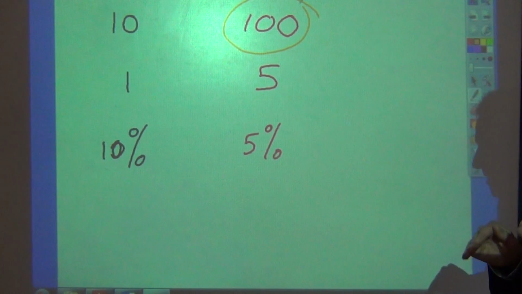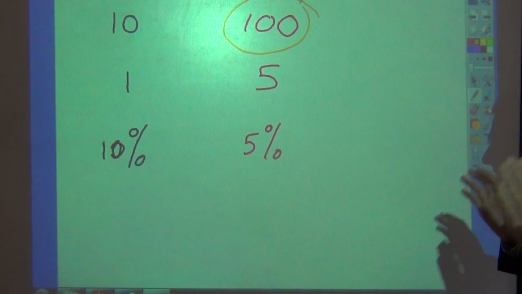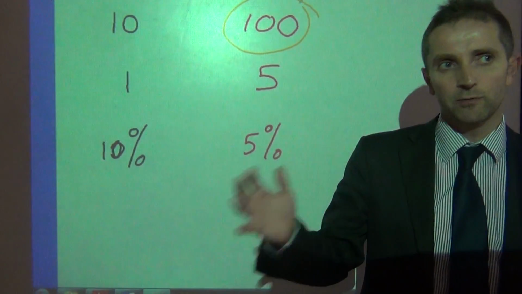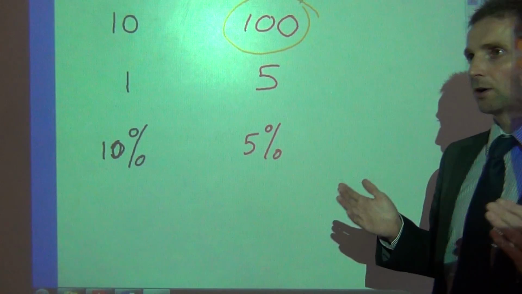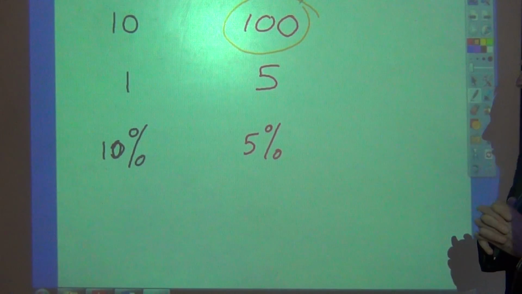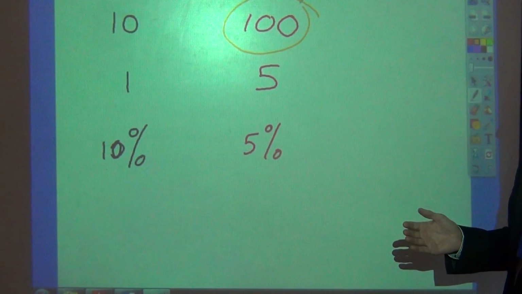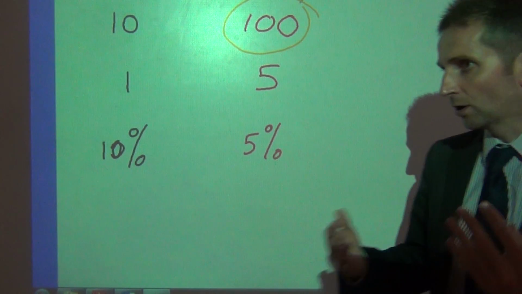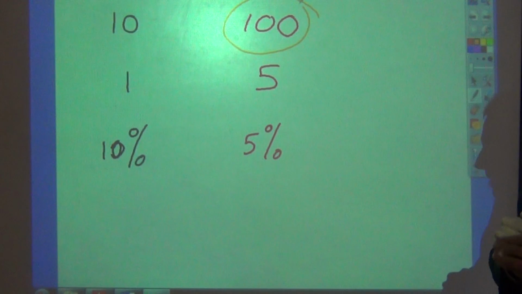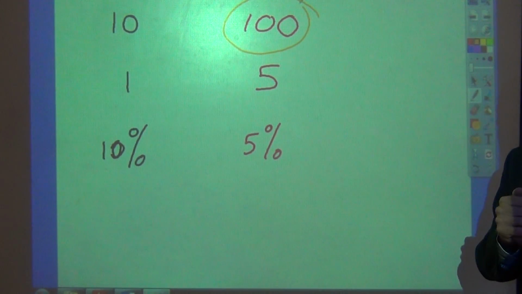So the key problem in this instance is that the number of people in the economy of working age has gone up. Now there are a few reasons that may cause that. Obviously migration into the economy, if you've got a lot of people coming into the economy of working age, that could be a possibility.